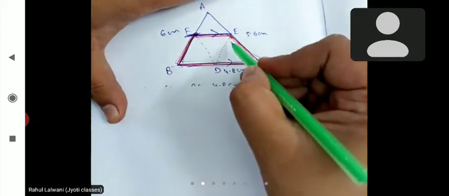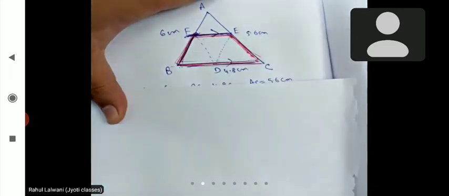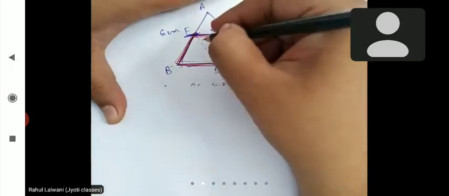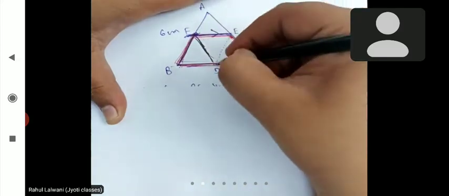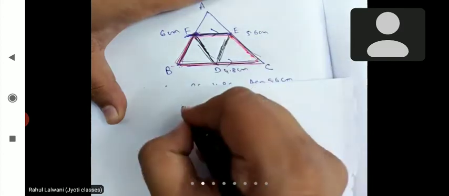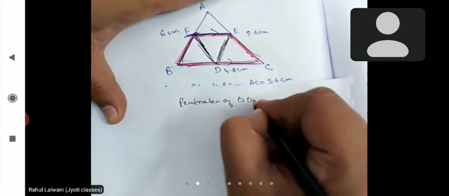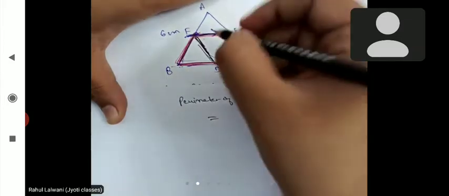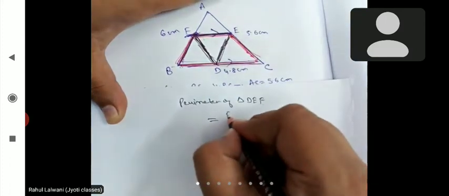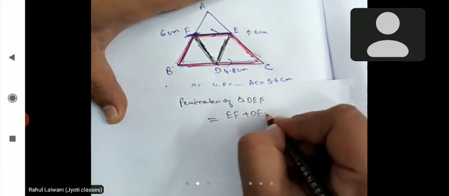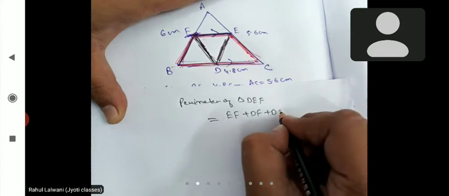Now you also have to find the perimeter of triangle DEF. I am shading it with black. The perimeter of triangle DEF is equal to EF plus DF plus DE.